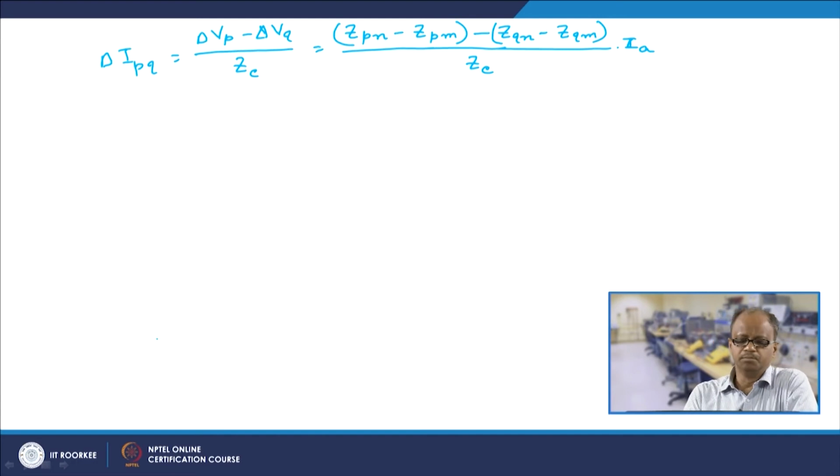We have done this simply by substituting delta V_P and delta V_Q from the original equations, and we get this.